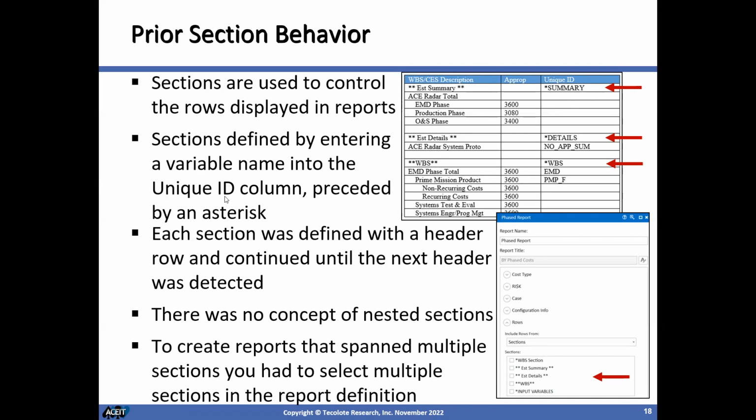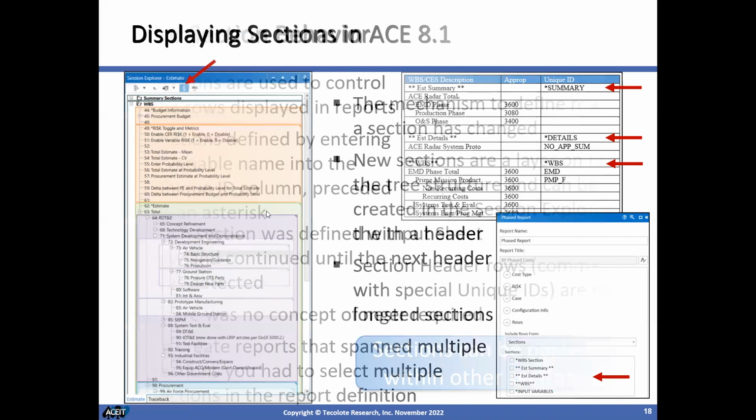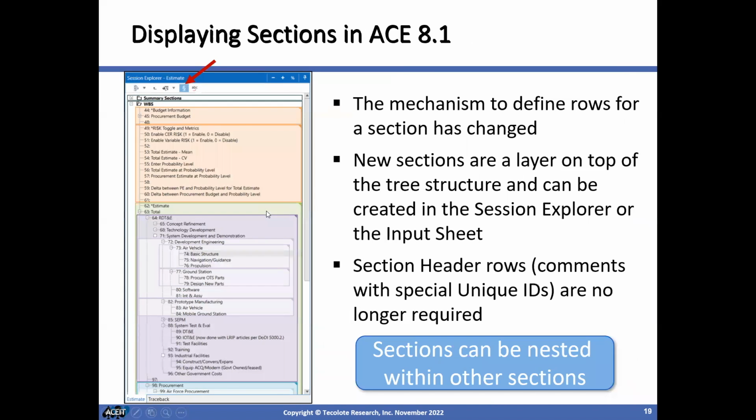Okay, there we go. So where we ended up is, first of all, you can create a section through the Session Explorer. There is a button up at the top that is this little S on top of S, which is our sections symbol.